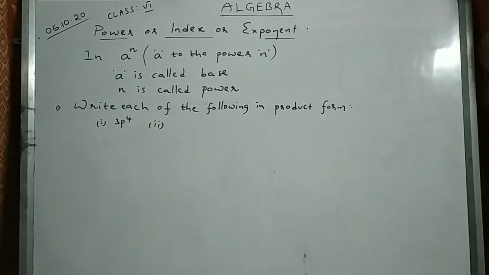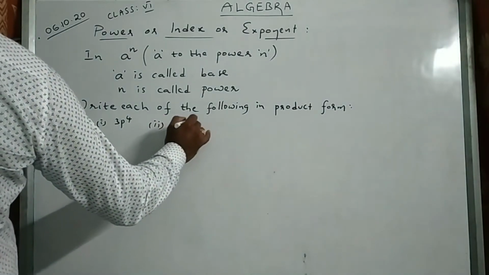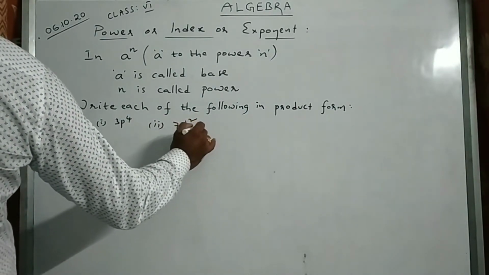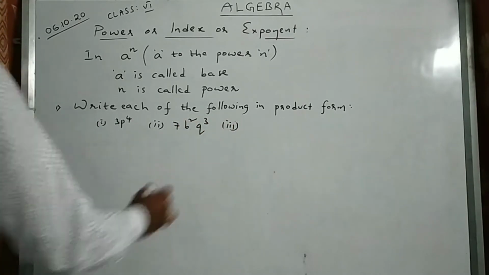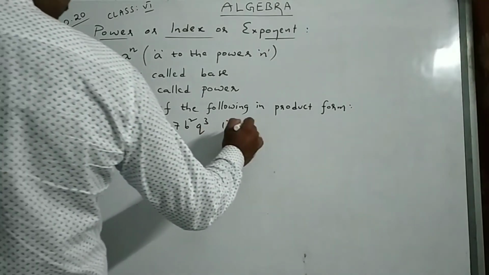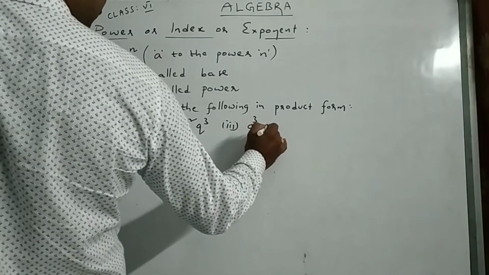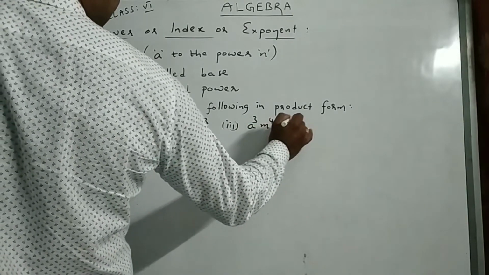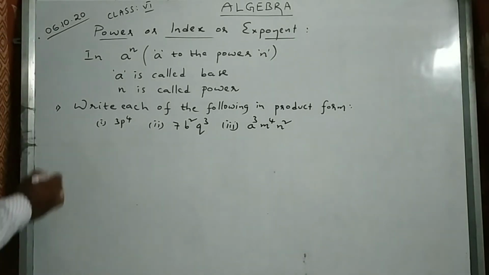How do we read that? 3p to the power 4. Second one, 7b square cube. Third one, a cube m to the power 4 n to the power 2. N to the power 2 can be read as n square.